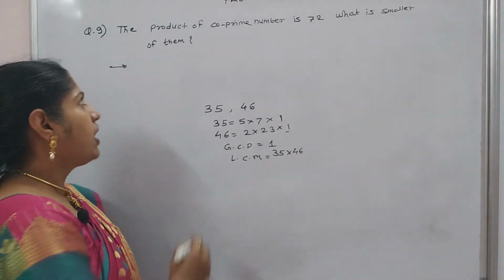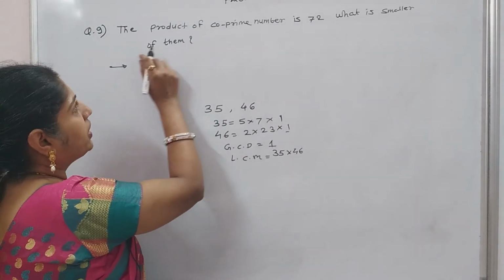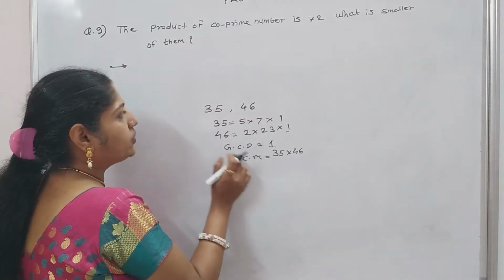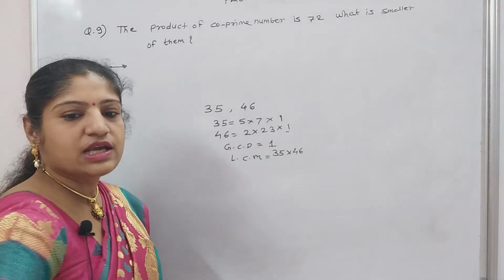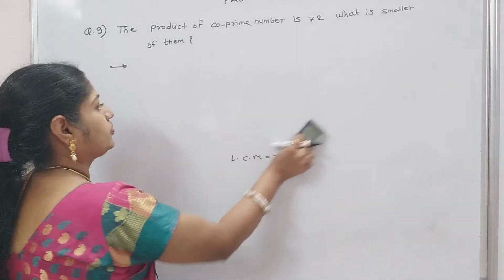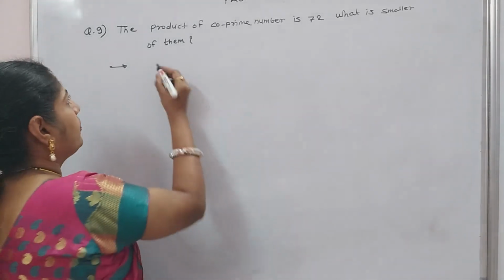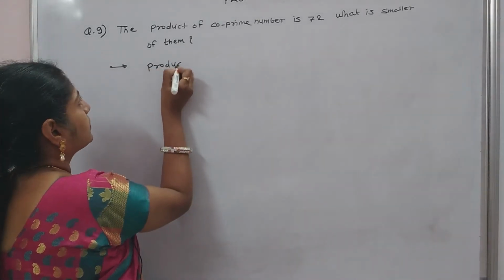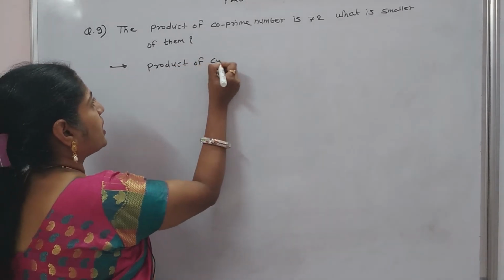Now it is given that the product of the co-prime numbers is 72, that is, the LCM is 72.